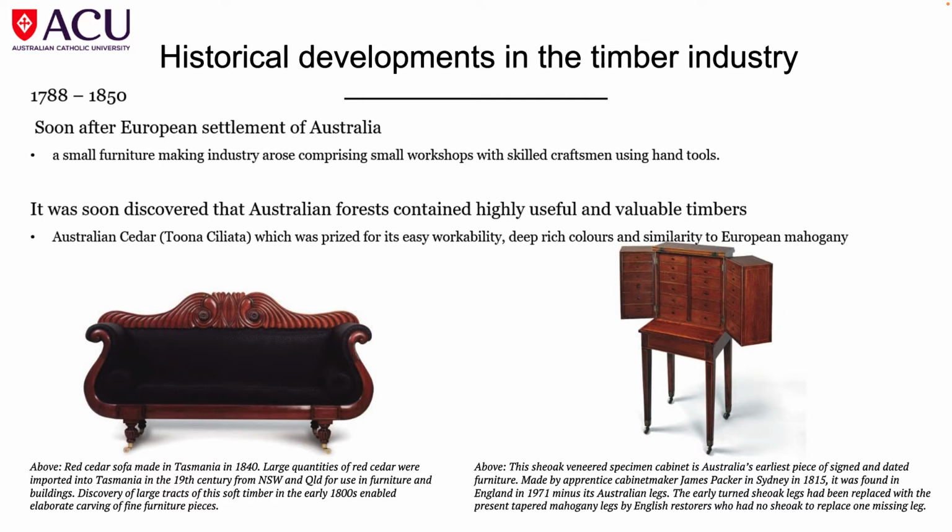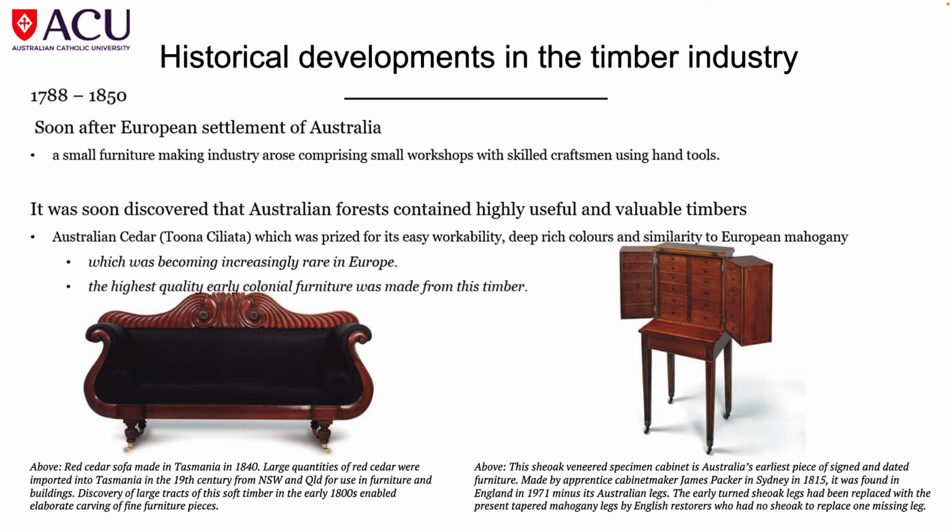It was very hard to find enough to make furniture out of solid mahogany, and so it was being used a lot as veneers. And so it would certainly be a real sign of conspicuous wealth if you had solid mahogany furniture. So this cedar that was found in Australia was very quickly realised to be a great new source of something quite similar to mahogany. So it was quite prized.